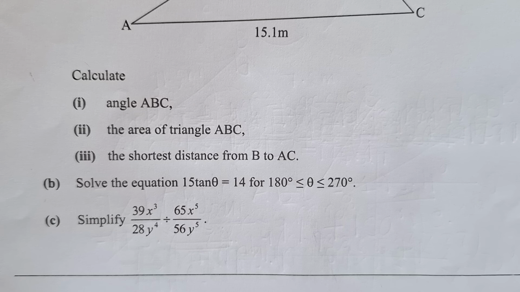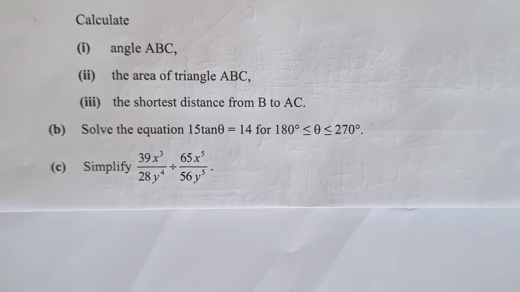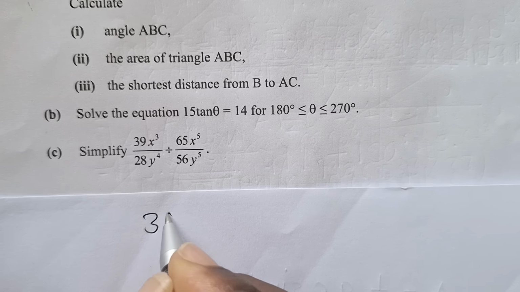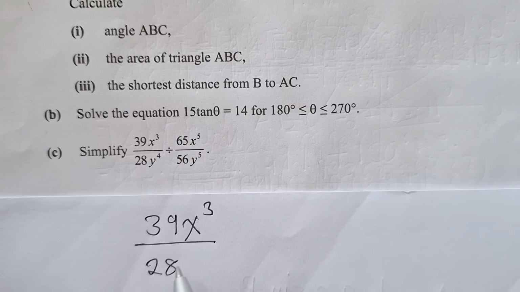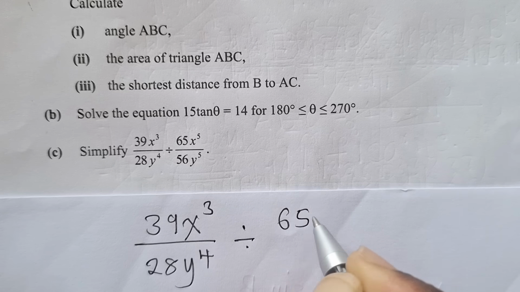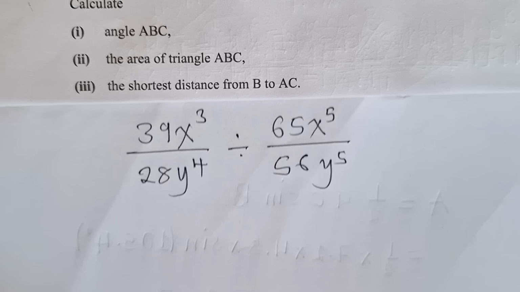Let's go to the last question. For the last question here, they want us to simplify. So to simplify this, we've got 39x^3 over 28y^4 divided by 65x^5 over 56y^5.